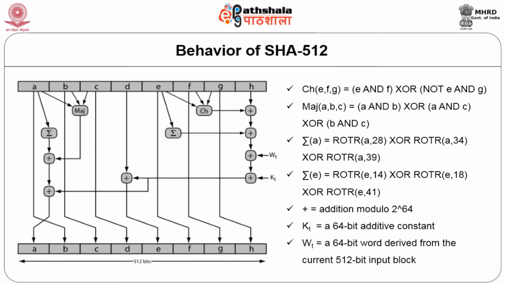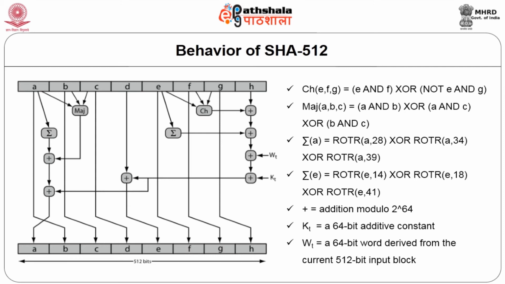Just to make my point clear once again, if I denote rotate right with superscript n and parameter x, it suggests that we have to perform a circular right shift rotation of the 64-bit argument x by the superscripted n, that means n number of bits.